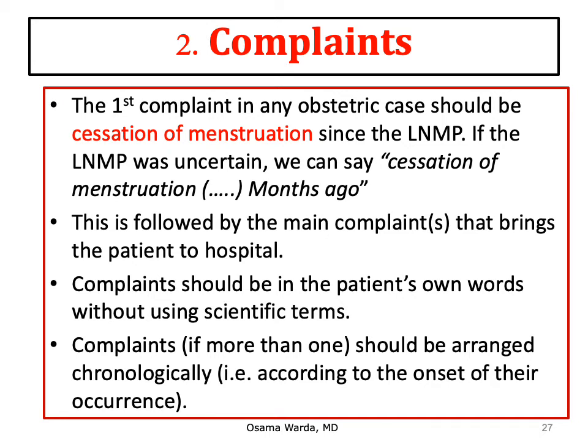Then we ask for the presenting complaint, the complaint that brings her to hospital or to our outpatient clinic. The main complaint. If there is more than one complaint, you should arrange them chronologically or according to their importance from the patient's point of view.